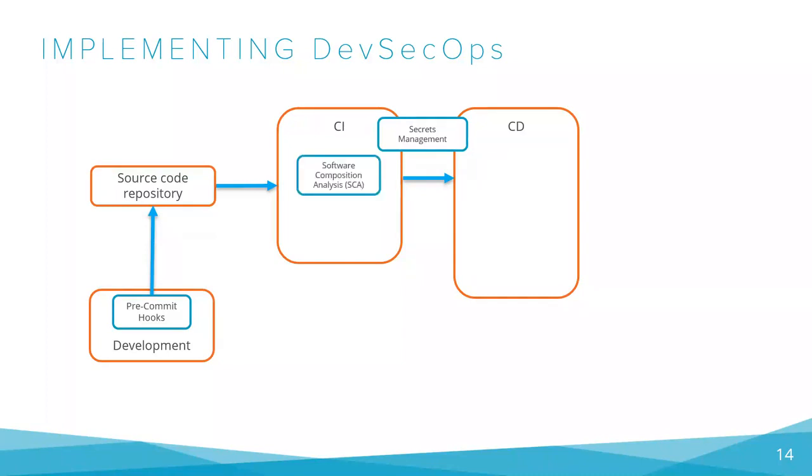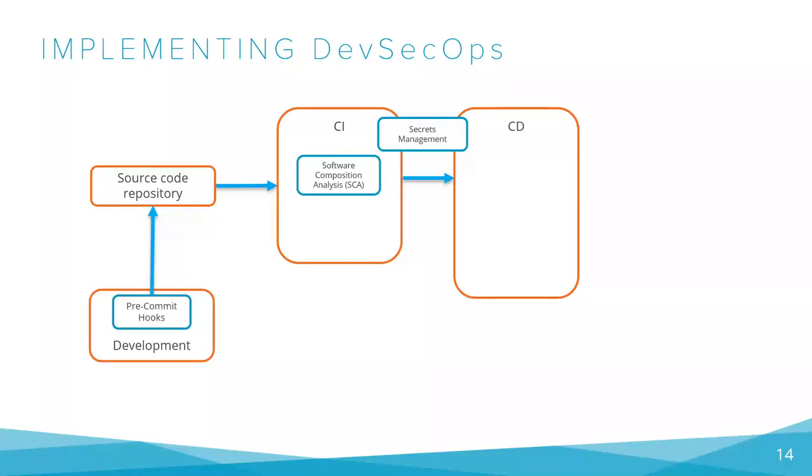Next is software composition analysis. We can call it SCA. SCA scans open source libraries used within an organization's code base and identifies vulnerabilities. It can also detect open source licensing challenges that conflict with the organization's software licensing policies.